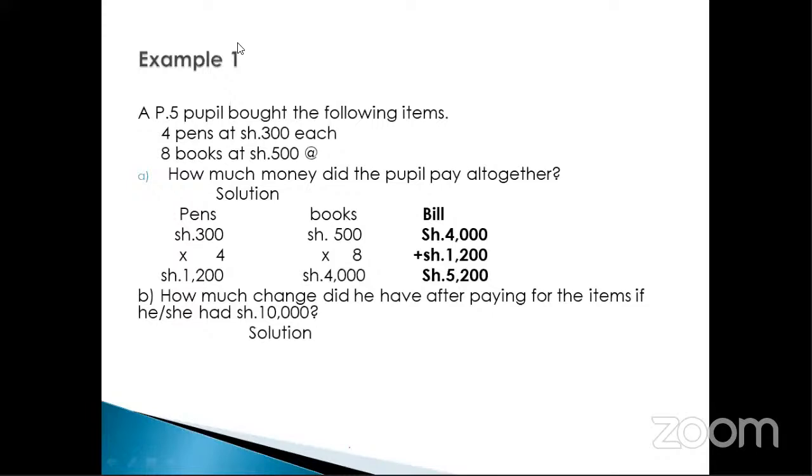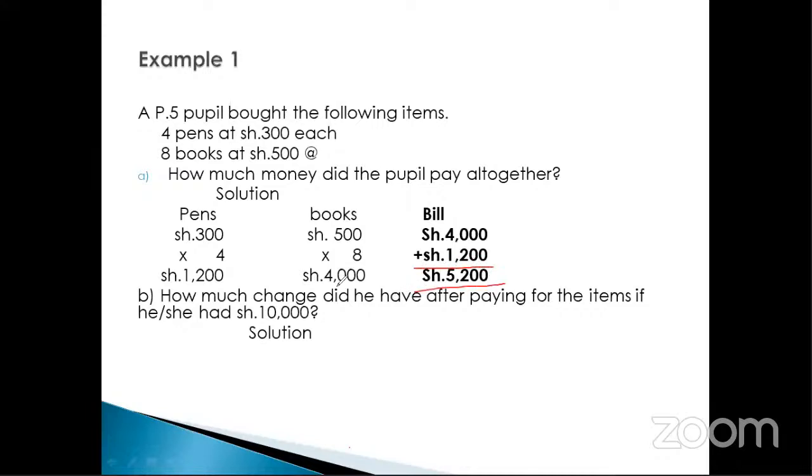Now, there is that question that they have asked. How much change did he have after paying for the items if he or she had 10,000 shillings? Now, here you have spent 5,200 altogether.